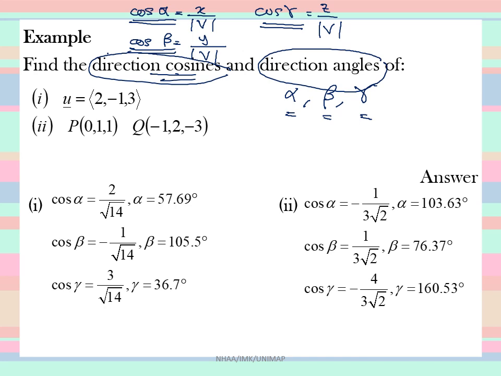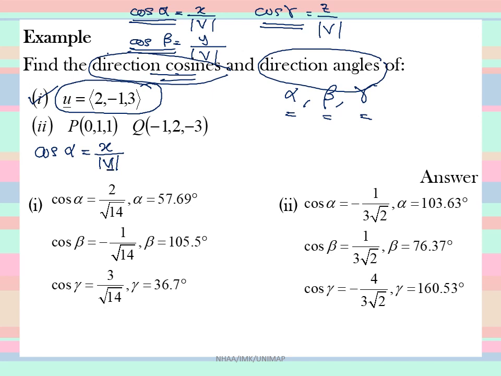Right, so for the first one, you already have the vector, because this is the way you write the components of a vector. So you just directly apply. For cos alpha, it is x over the vector. Let us assume this is vector u.